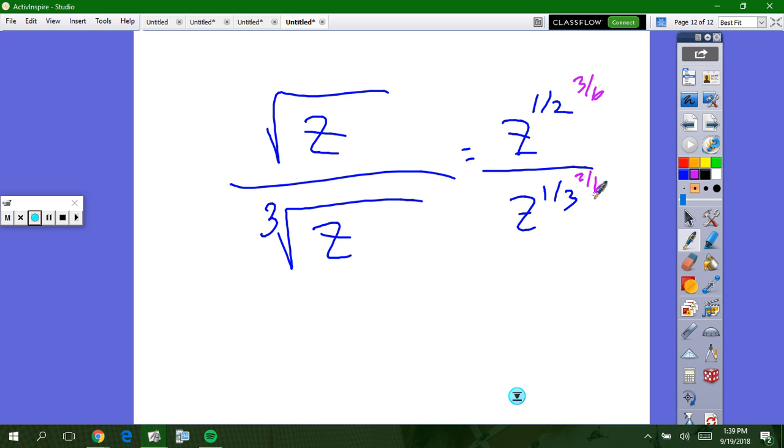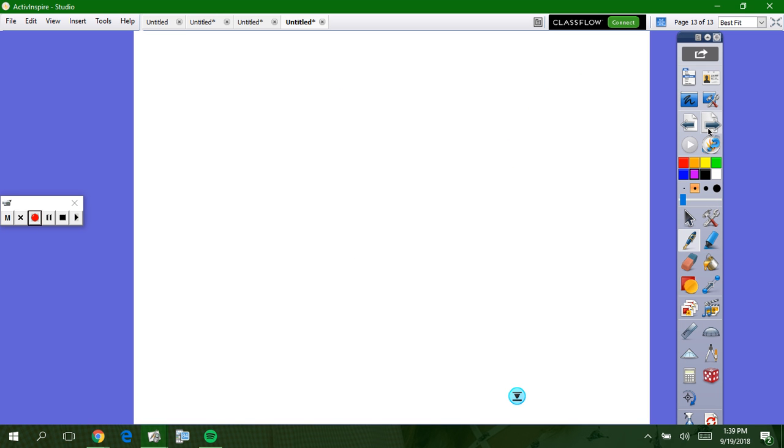D to the 1/6. Because we are subtracting. Everybody see how we did that? Might want to be faster on that. Okay? I've been told I've been going a little too fast, so I don't want to.